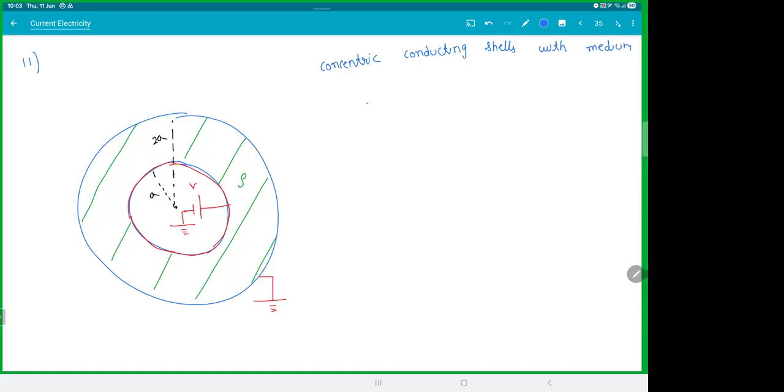And this medium's resistivity rho is also not constant, which is rho naught into x. I am messing up everything. X is 2a. So this rho is your resistivity. As you go outside, it is becoming more and more resistive. Rho naught is some constant. This will be a good paragraph question. And x is the distance from the center.